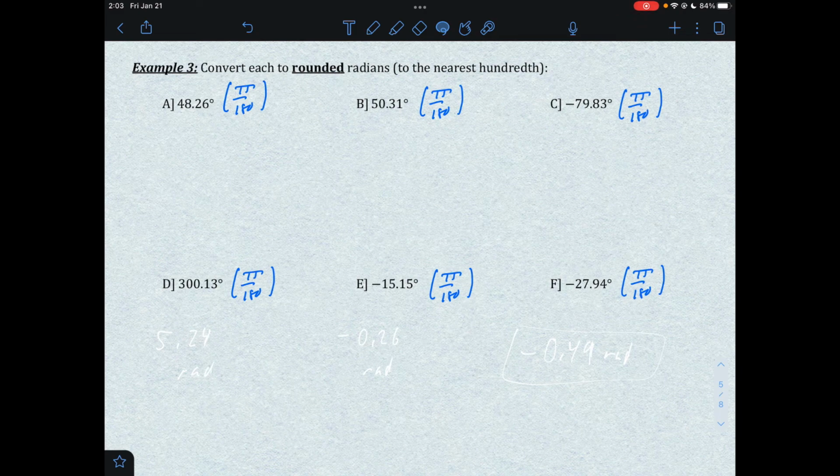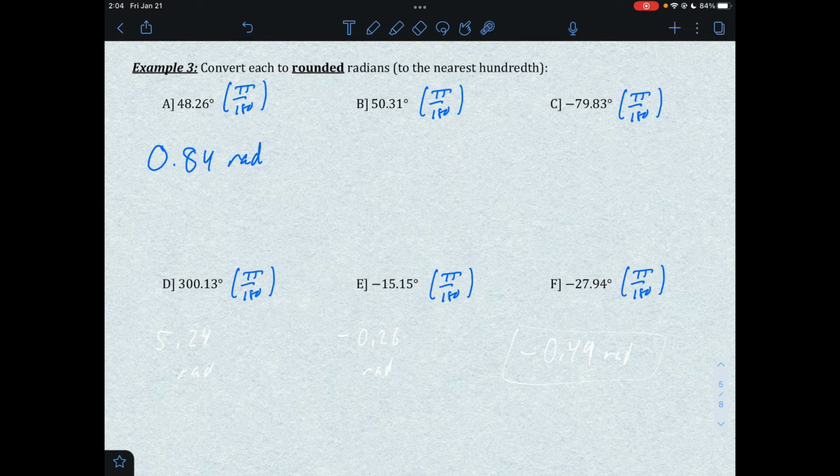Can't do this in our head because we're not going to be able to reduce 48.26 over 180. So all you're going to do when it's rounded is much easier. Just simply type that exactly as you see it in your calculator: 48.26 times pi divided by 180 and round it to the nearest hundredth. We should get 0.84 radians.